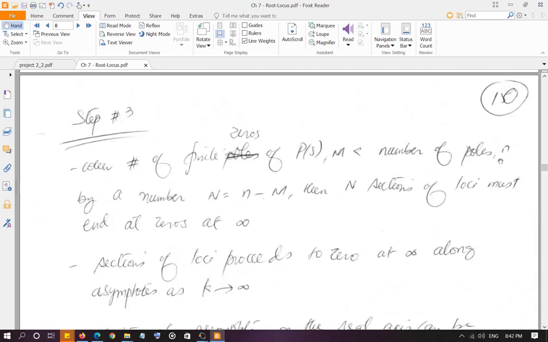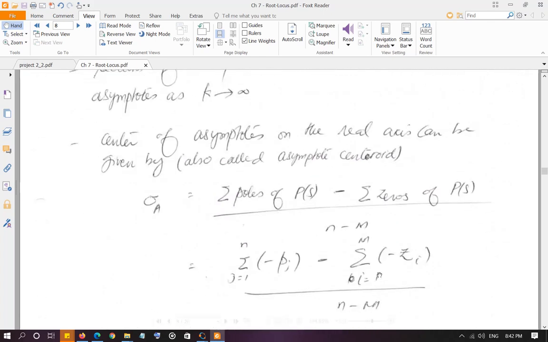Remember, n is the number of poles, and m is the number of zeros. So the difference n minus m is basically the number of poles minus the number of zeros. This is the formula using which we will find the point on the negative real axis along which the asymptotes will be located, and along those asymptotes we will have zeros at infinity.